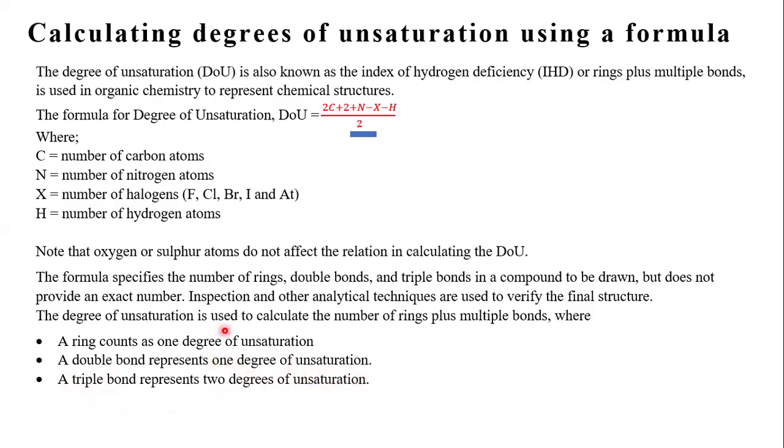So if you do your calculation and get DOU of 1, that compound may contain either a ring or a double bond. But if DOU is 2, it may contain 1 triple bond.